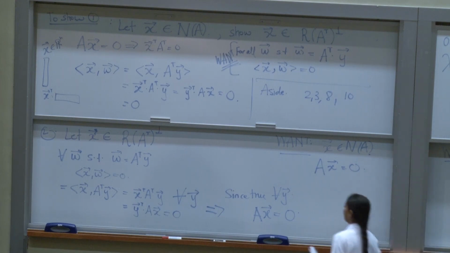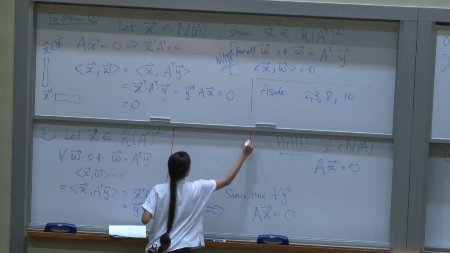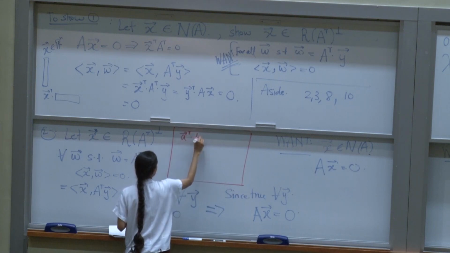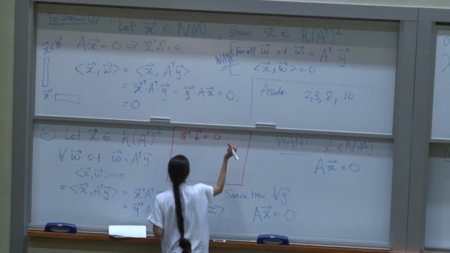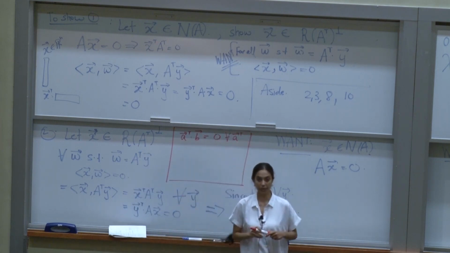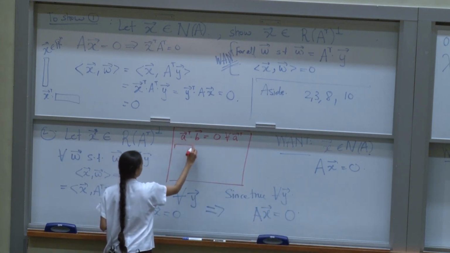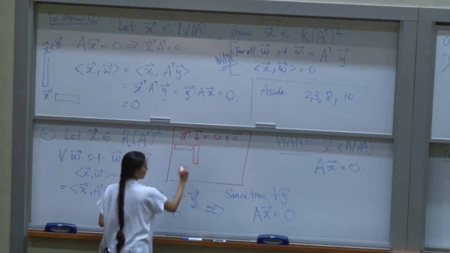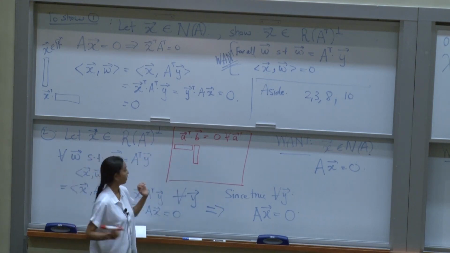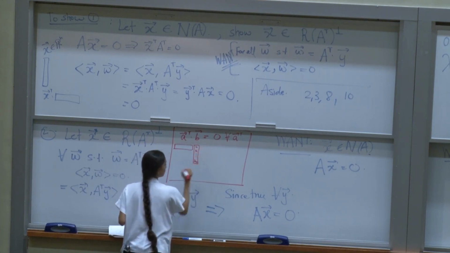Okay. So let's think about it in the following setup. Let's say I give you some vector A times some B is equal to 0 for every vector A transpose. Let's say B is B1, B2, all the way up to Bn.